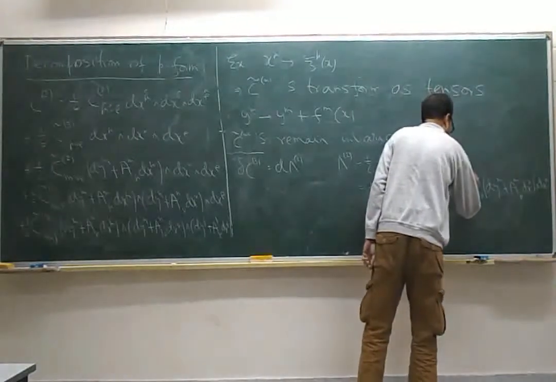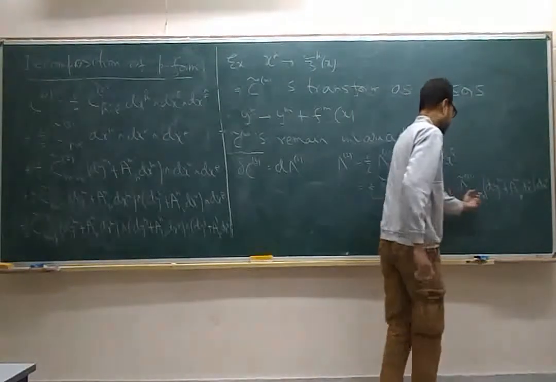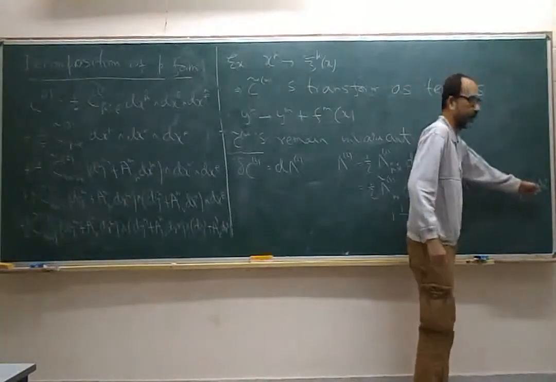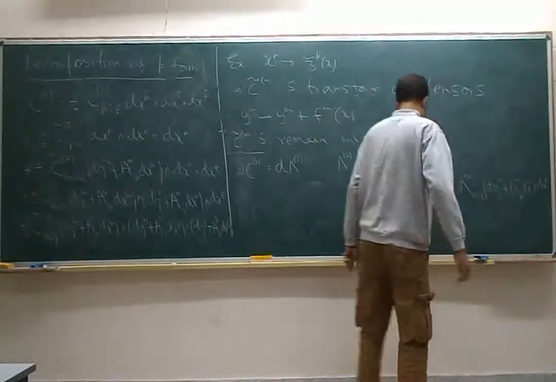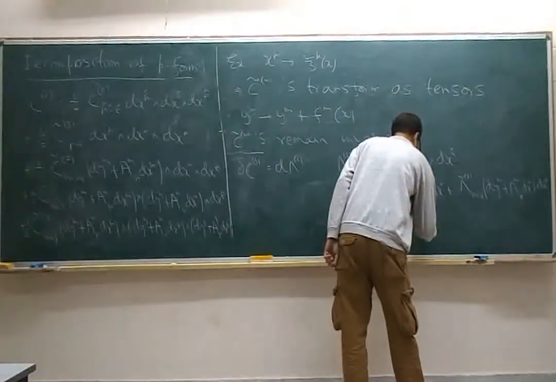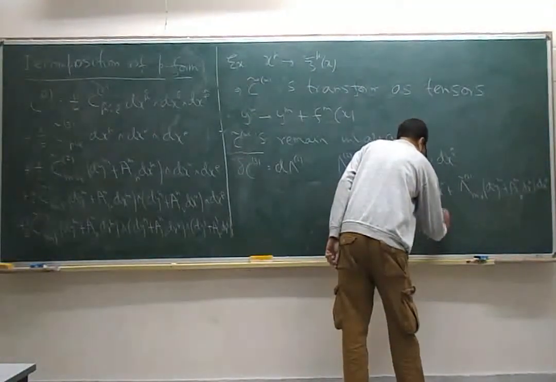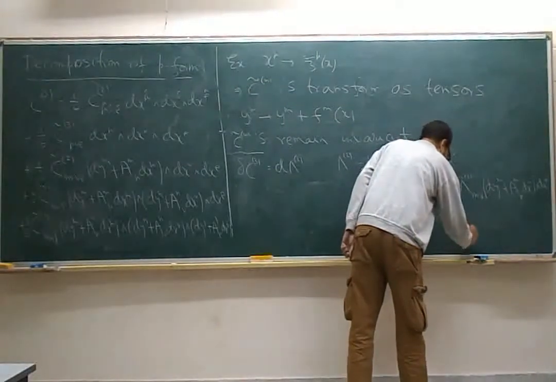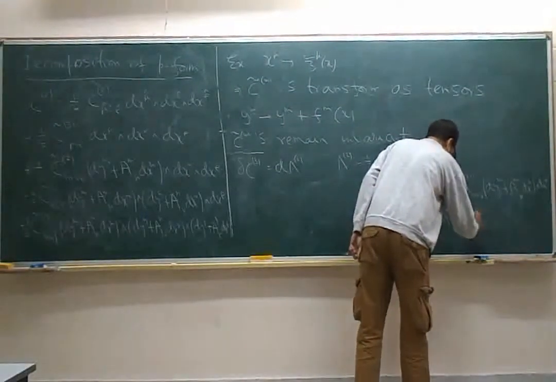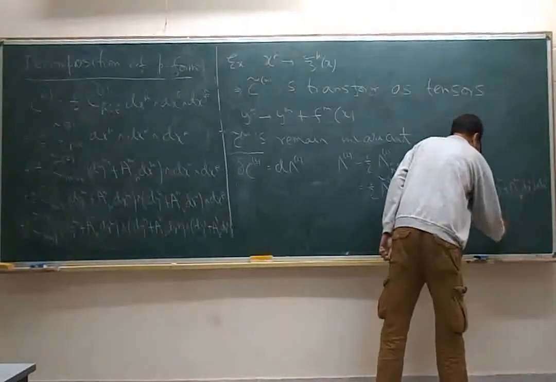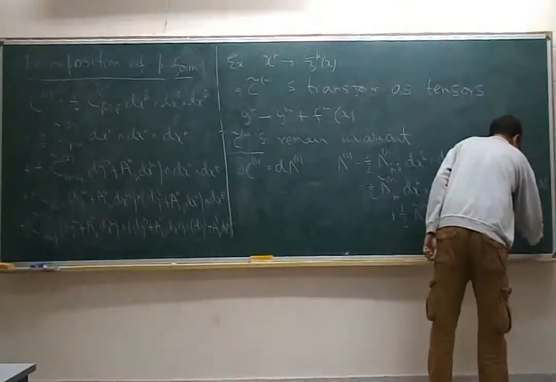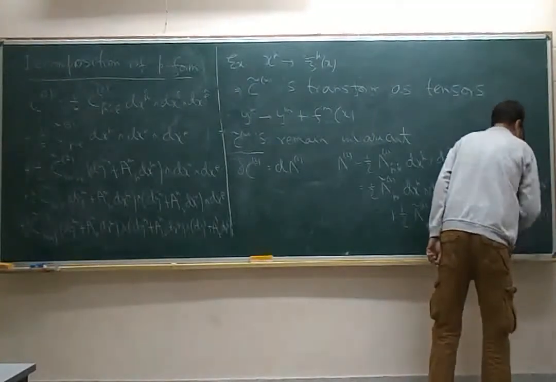This is actually lambda tilde 1 because as far as the lower dimensional space is concerned, it's transforming as a 1-form, and half lambda tilde 0 mn (dy m plus A m dx) wedge (dy n plus A n dx).